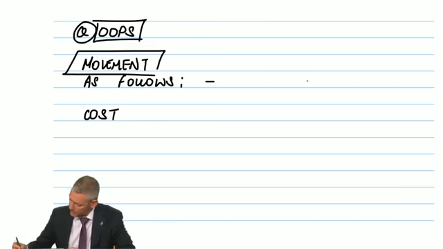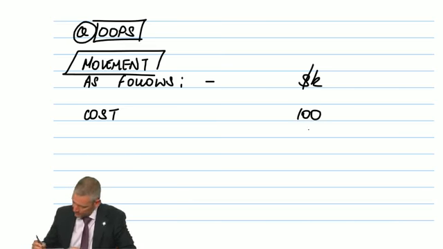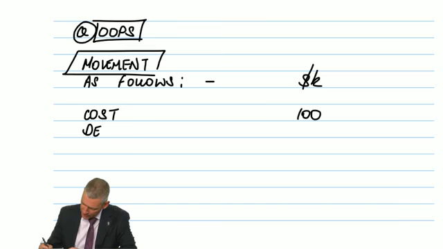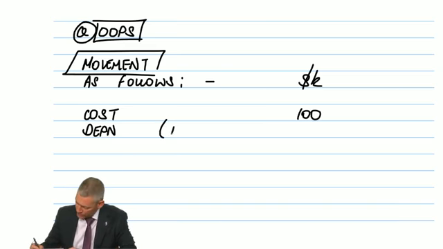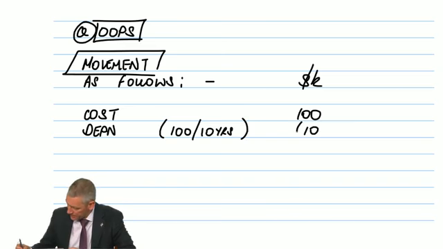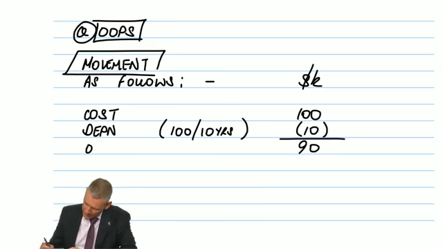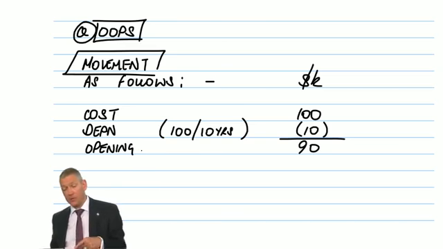The cost is 100,000 and the depreciation in year 1, we just take 100,000 and divide it by 10 years and we get 10, and we're left with 90. That's the opening carrying value at the beginning of our current year, which is the second year.